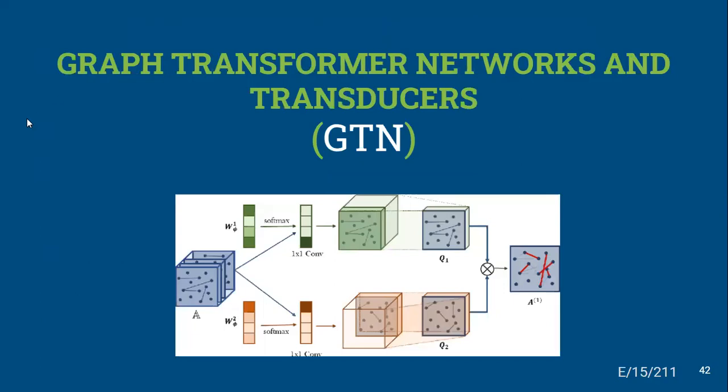Graph Transformer Networks and Transducers, simply called GTN, is a generalization of multi-layer, multi-module networks where the state information is represented as graphs instead of fixed-size vectors.